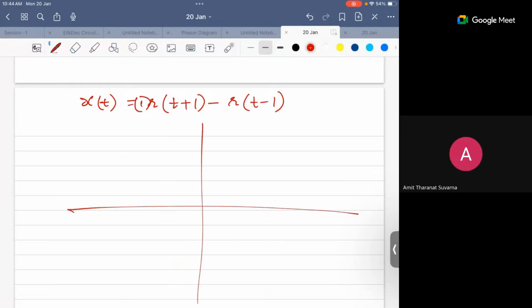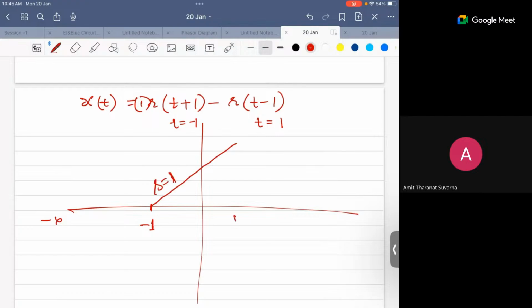Here it is t equals minus 1 and here it is t equals 1. From minus infinity till minus 1 there won't be anything. At t equals minus 1, a line will start with a slope of 1.